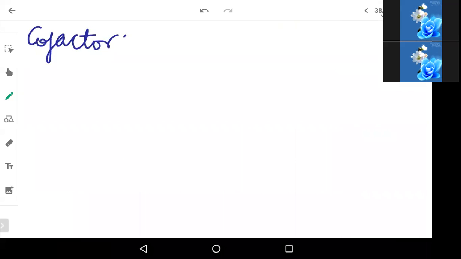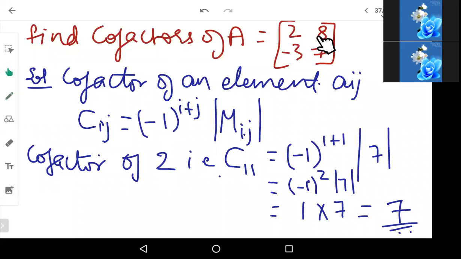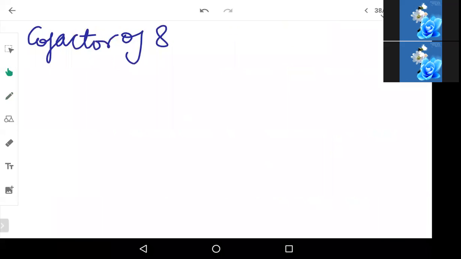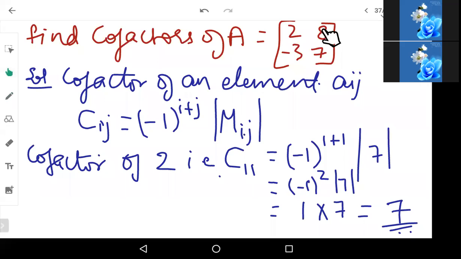Very good. Now let us go to the next cofactor. Cofactor of 8. 8 is in the first row, second column. So C first row, second column is equal to -1 to the power 1 plus 2. And what will be the minor of 8?